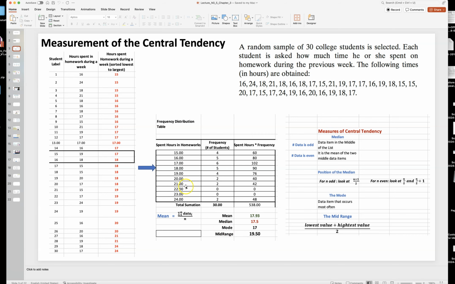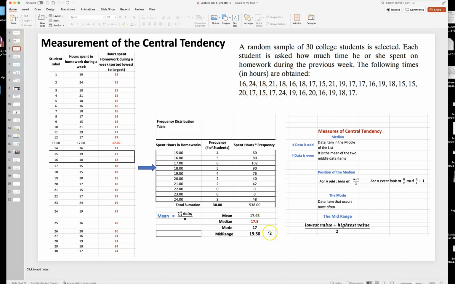So the mode in here is the outcome with the highest frequency. The outcome with the highest frequency, as I told you before, is 17. I mean, the frequency is 6. And then the other one is the mid-range. How are you going to compute the mid-range?